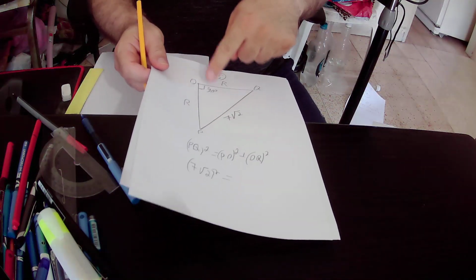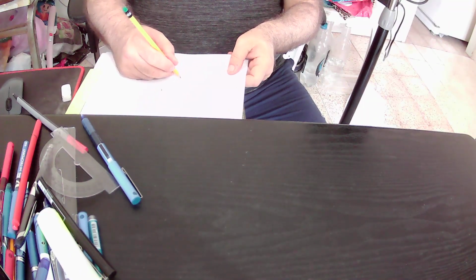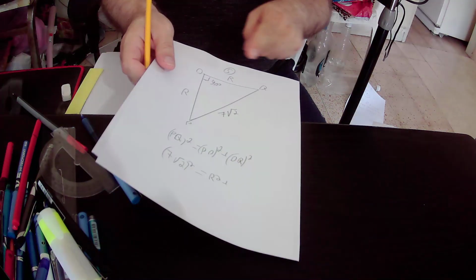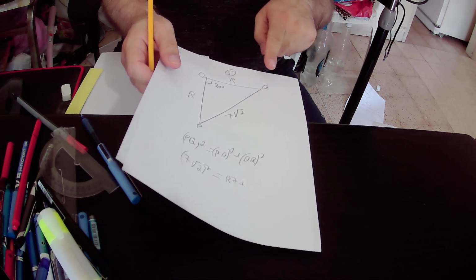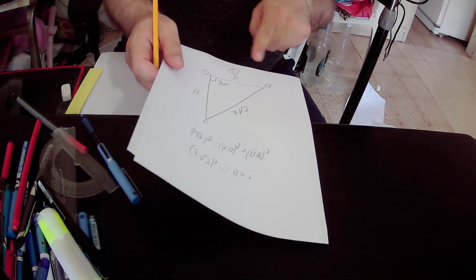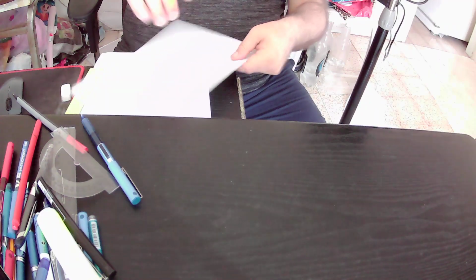PO equals R, so it will be R square plus OQ square. OQ equals R, so it is R square again. So it is R square plus R square.